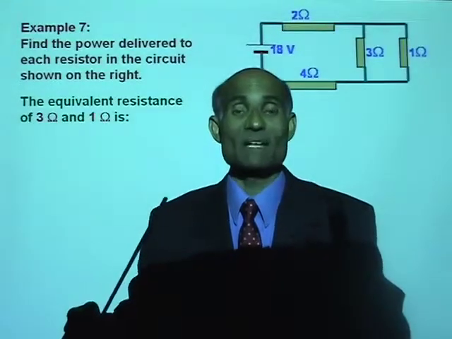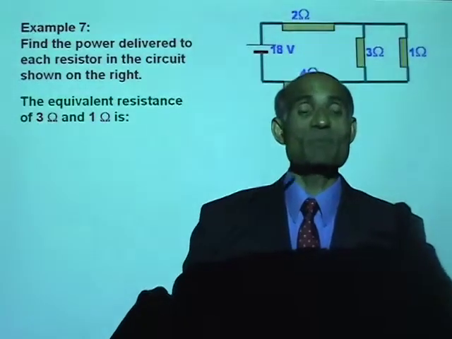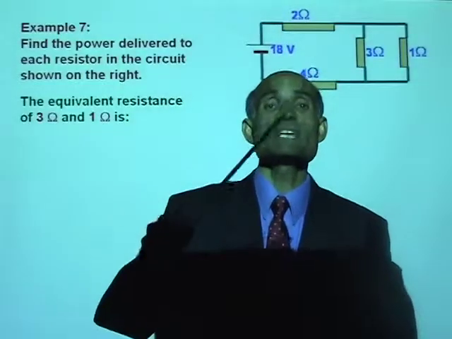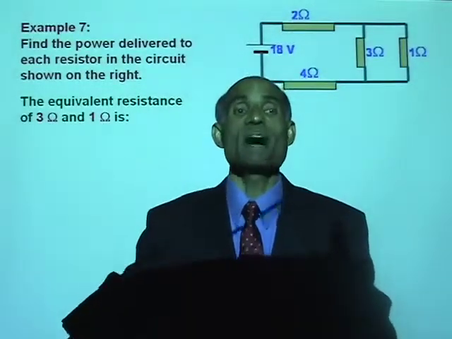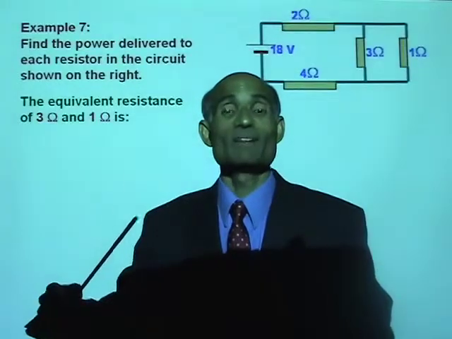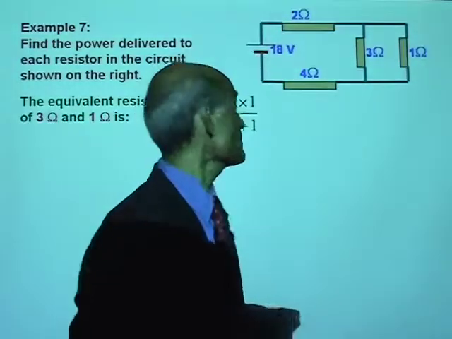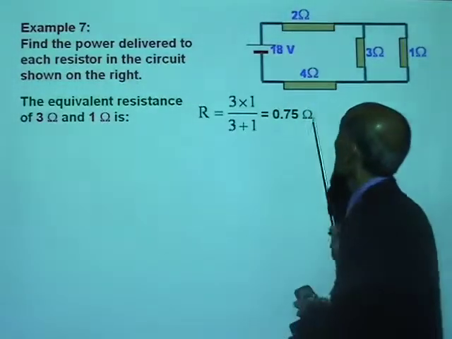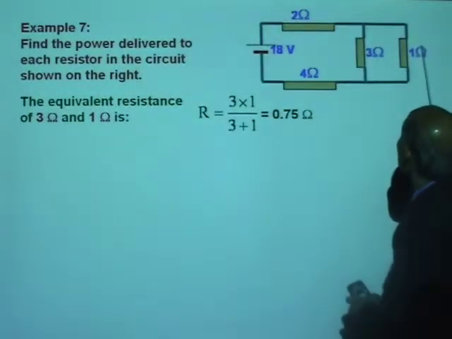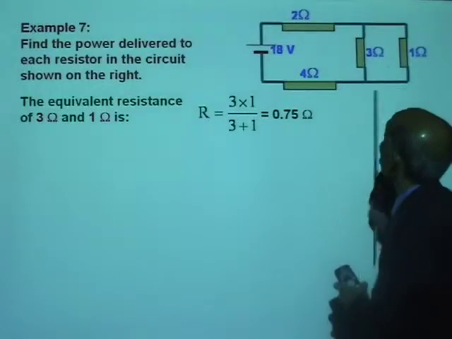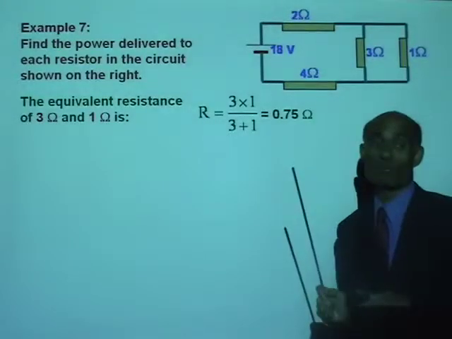You can do that mentally. The total resistance of the parallel combination is 3 times 1 divided by 3 plus 1. That will be 3 over 4 or 0.75 ohm. So this combination has a total resistance of 0.75 ohm.